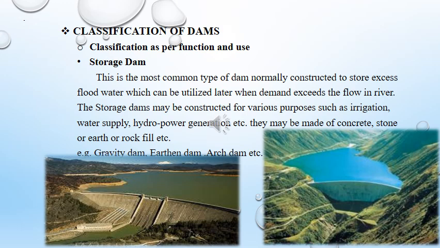This stored water may then be utilized during the period of deficient supply in summer. For example, the storage dams are the gravity dam, earthen dam, arch dam, buttress dam, etc.